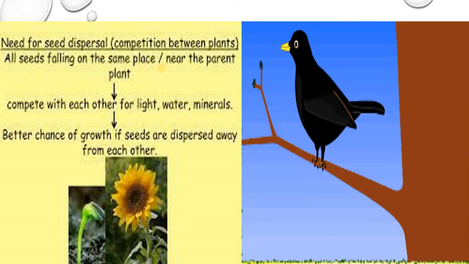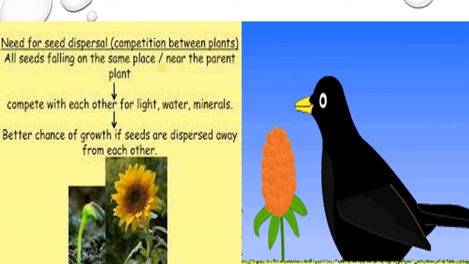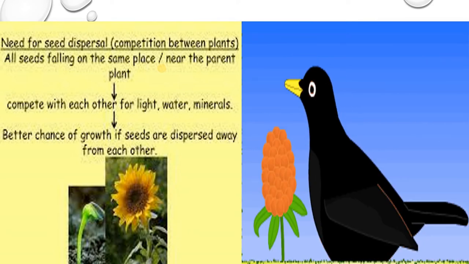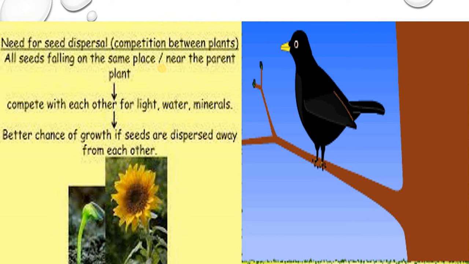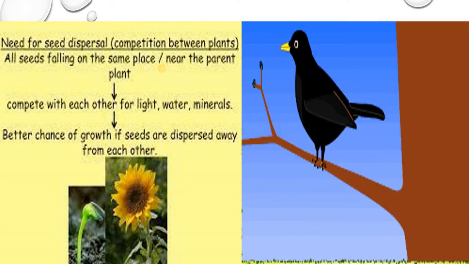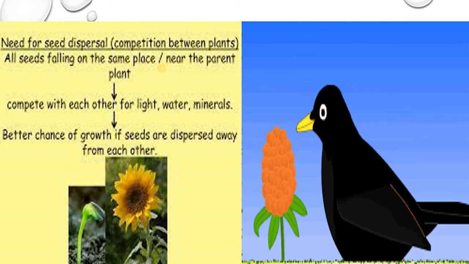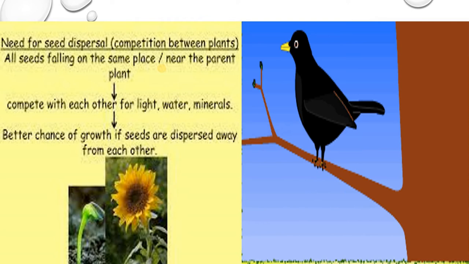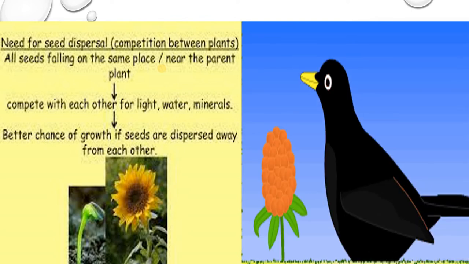They will compete with each other for water, minerals from the soil, and sunlight, leading to a shortage of water, minerals, and sunlight. Due to insufficient water, minerals, and sunlight, the newly growing plants will not be healthy and many plants will die. So, this will harm the plants in the long run because their further spreading will be prevented.